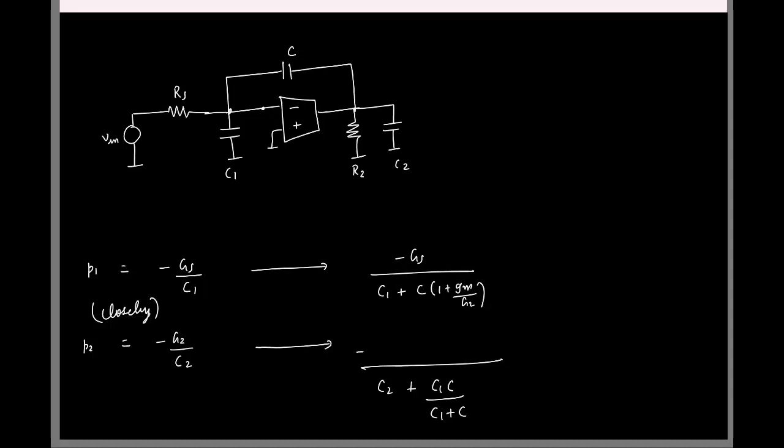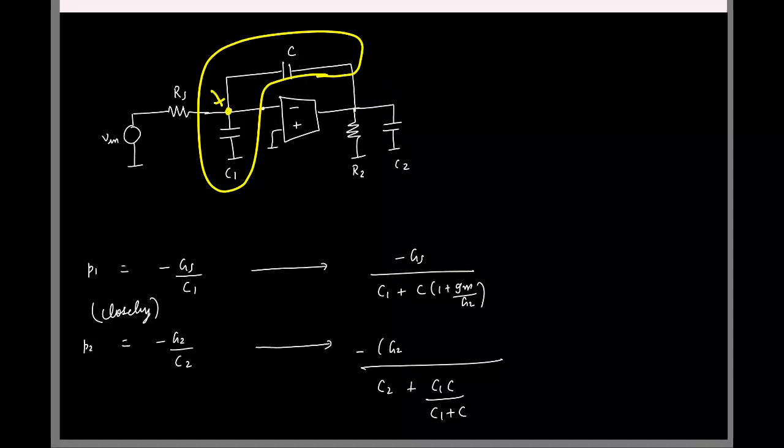So what is the conductance? We have G2, so that should come directly. And we also saw that if you apply a test voltage here, we have this capacitive division happening.